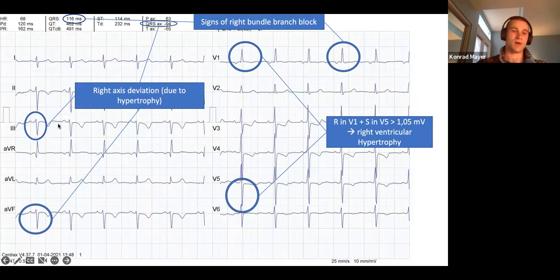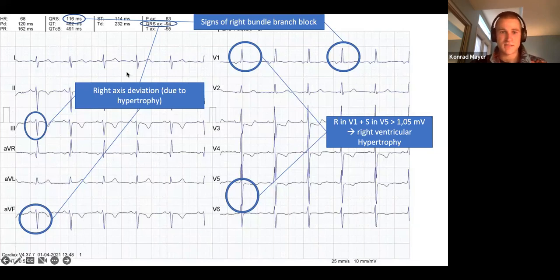Lead 3 and aVF are inferior leads. If the heart axis were pointed straight down, these would be positive. And since they are negative, we have a strong right axis deviation. The degree is hidden here, but I believe it's over negative 90 degrees.